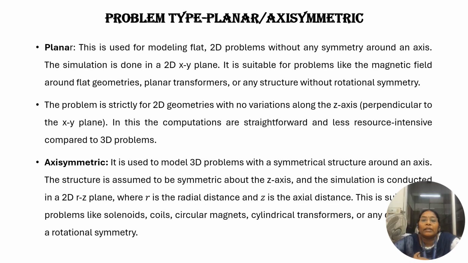The planar problem type in FEMM is one where we have only the 2D plane, X and Y, whereas you will not have the symmetry along the Z axis. This planar type of problem selection is suitable for calculating the field around flat geometry, planar transformers, or any other structures without a rotational symmetry.